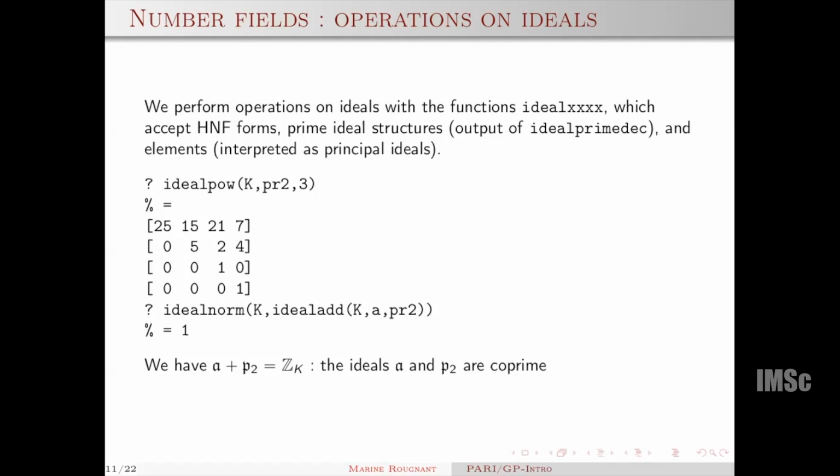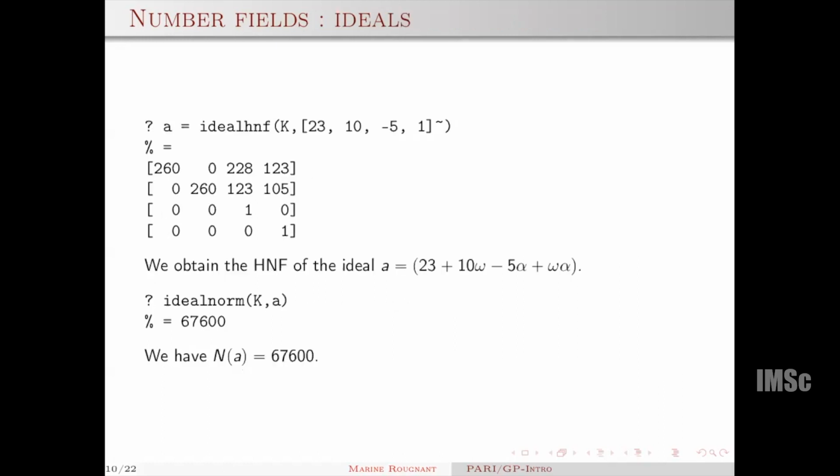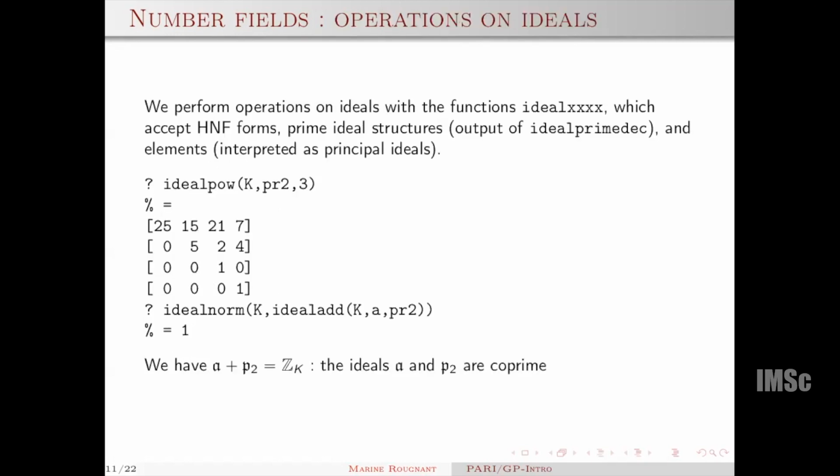You can also add some ideals. Here I make the addition of A and P2. Remember, A was this ideal here. And if you add P2 to A, you get something of norm 1. So that means that A and P2 are coprime because you get this.